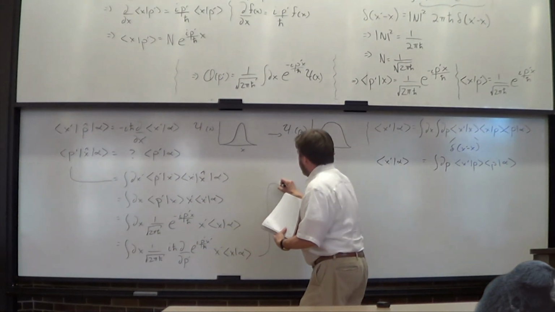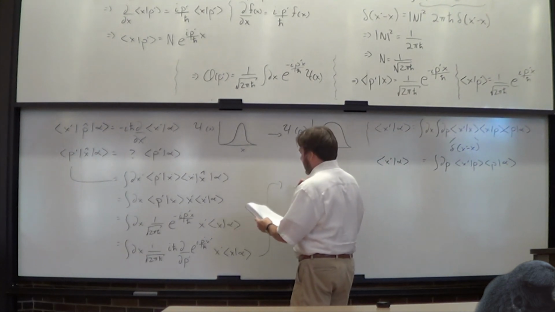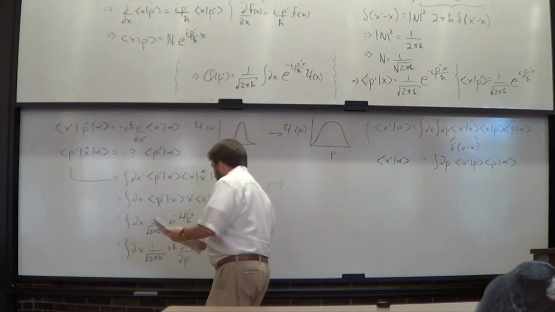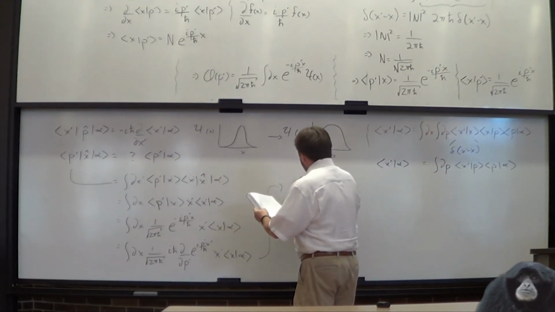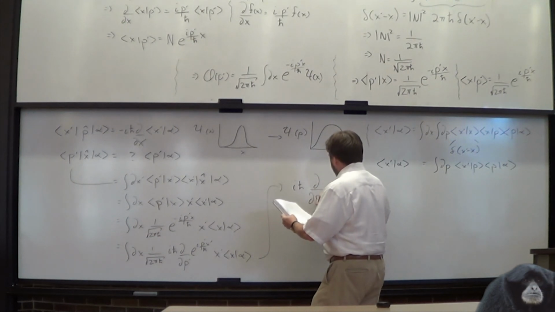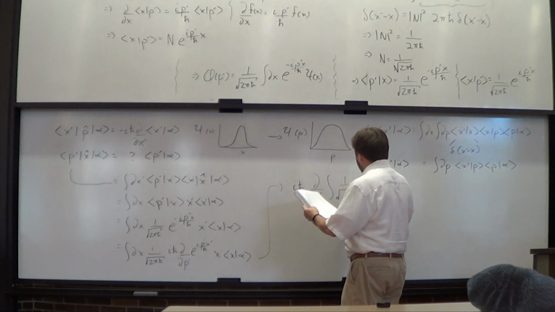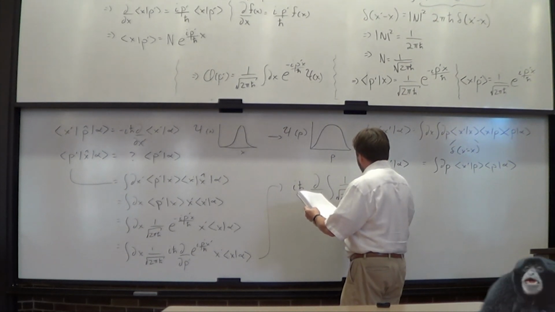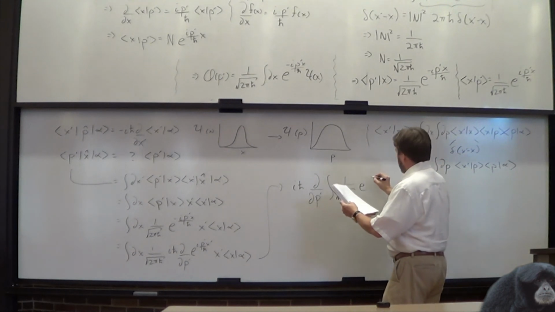This is basically it. Then what? So now you notice that this is another step that's, again, a little funky. What I'm going to do is take the derivative outside the integral, and I'm not totally comfortable with that. I know that that's considered somewhat controversial, but we can do that.